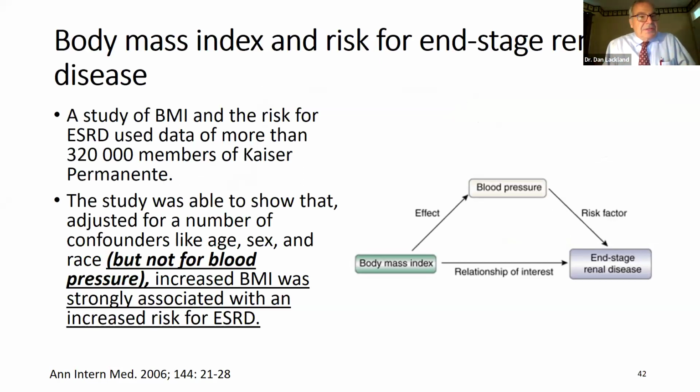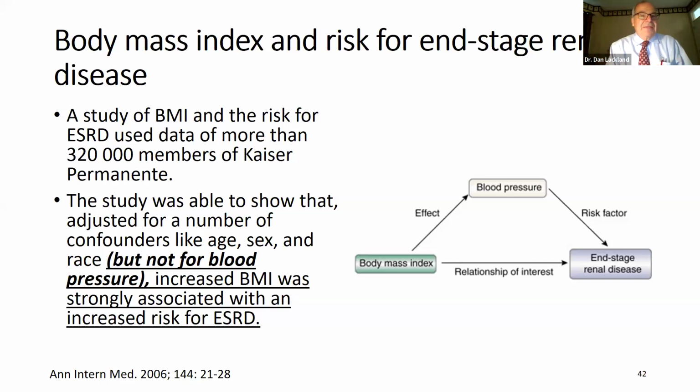I know this is not everyone's expertise, but we would hope you would be able to look and identify what might be a confounder. In this case, they're looking at body mass index and the risk of end-stage renal disease, one that we're all interested in. Basically, the larger you are, the greater the risk of end-stage renal disease.